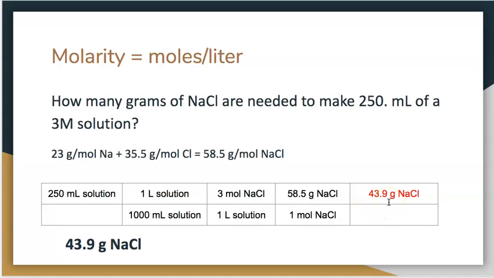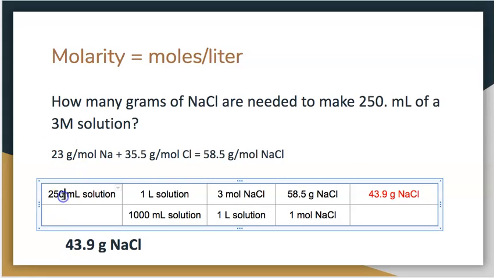And let's look at significant figures here really quickly. This is 250. That has 3 significant figures. 3 molar actually only has 1 significant figure. If I wanted it to have 2, it would be 3.0, or 3 would be 3.00. So my 250 has 3 significant figures. My 1,000 has infinite significant figures.